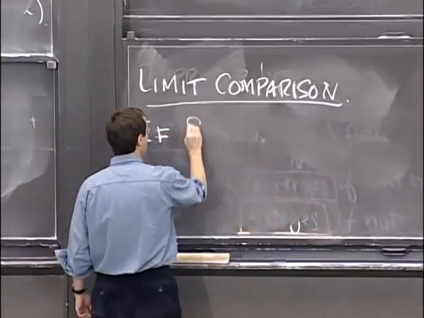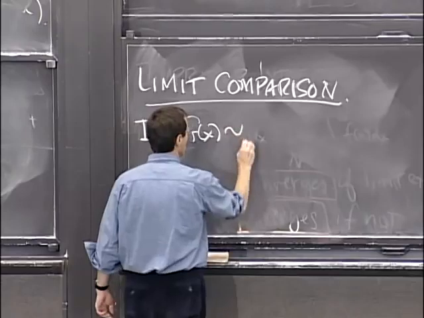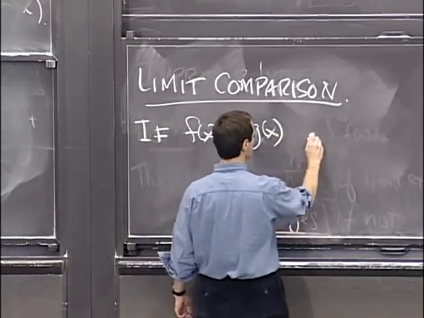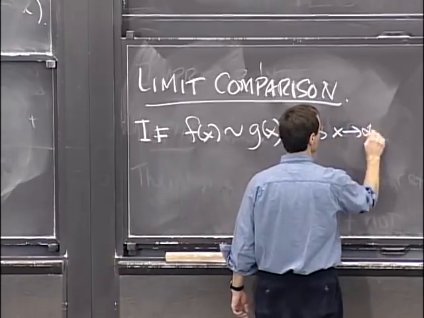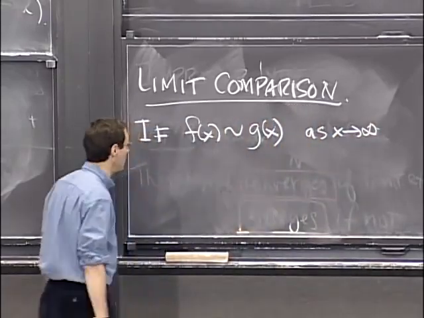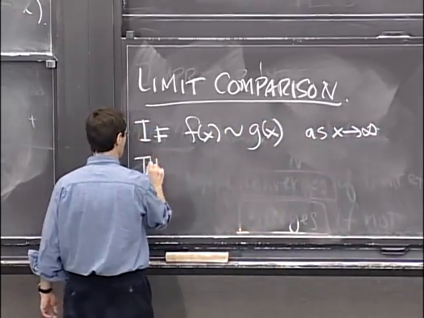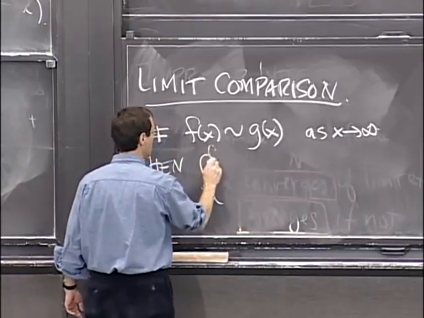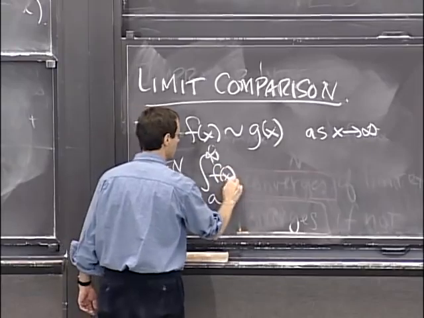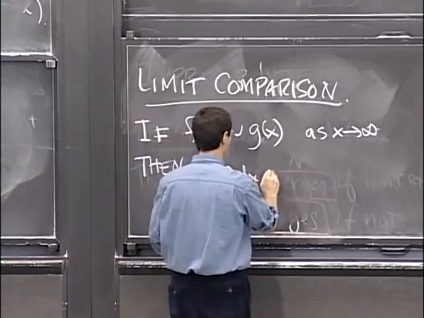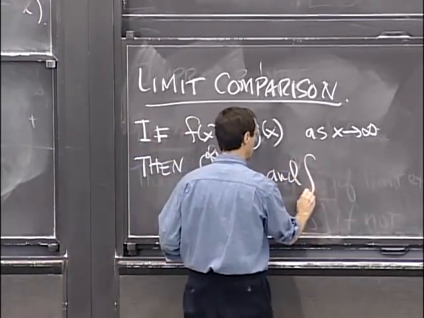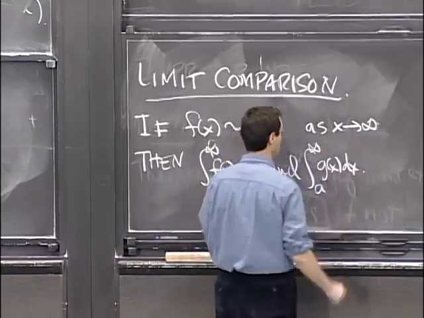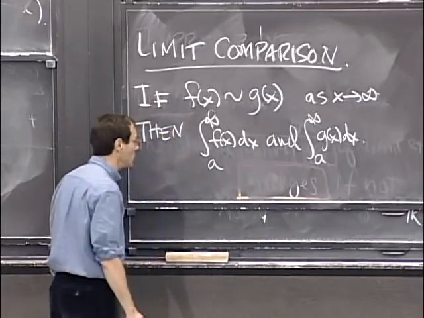If a function f is similar to, asymptotically the same as, a function g as x goes to infinity, I'll remind you what that means in a second, then the integral, starting at some point out to infinity of f of x dx, and the other one, converge and diverge at the same time.